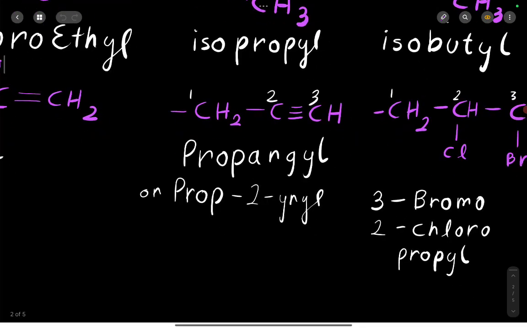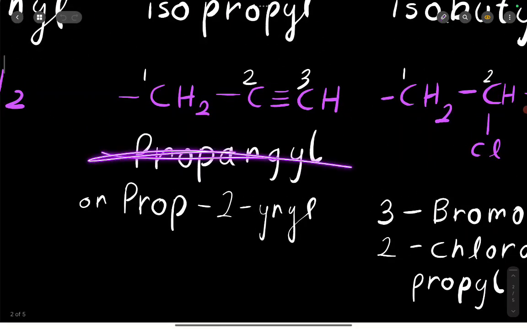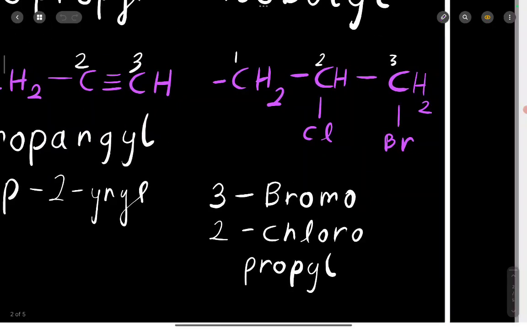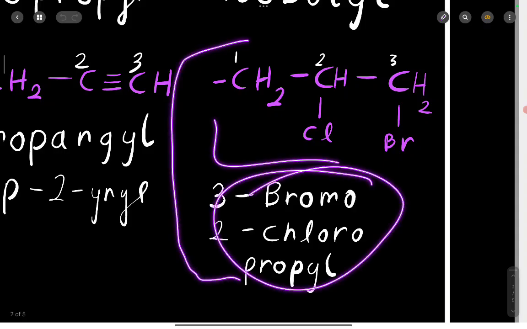The actual IUPAC name, like this is a common name, the actual IUPAC name would be prop-2-ynyl. Why? Because we start numbering from here, and the second position is the start of the triple bond. Okay. Similarly, it's easy for you now to see why this is called this.